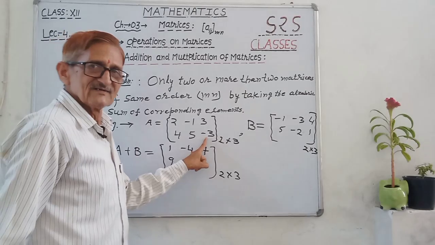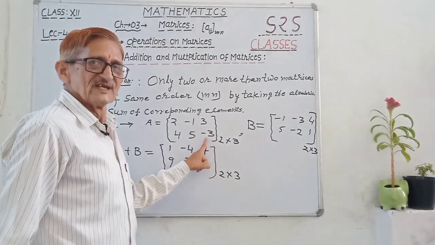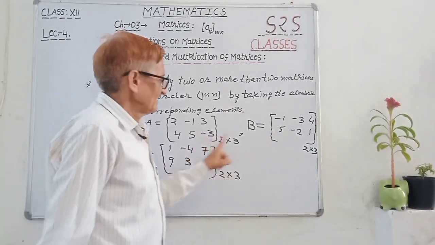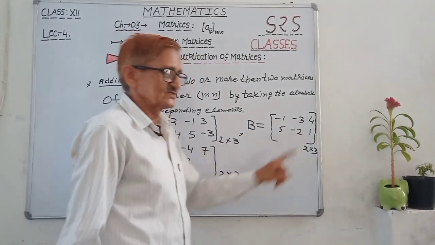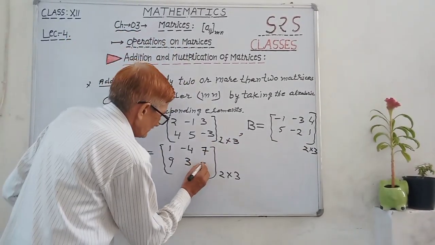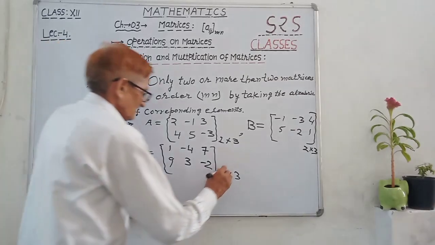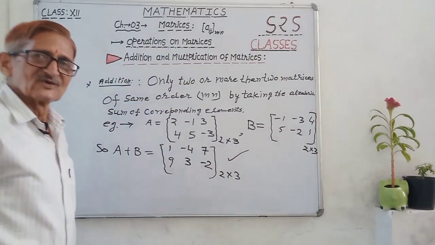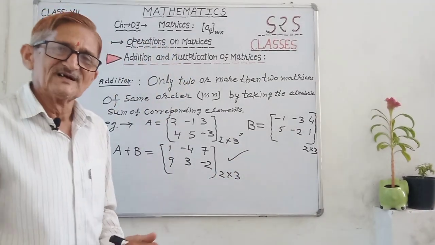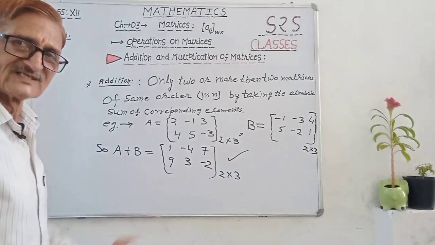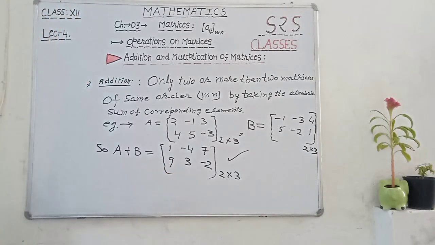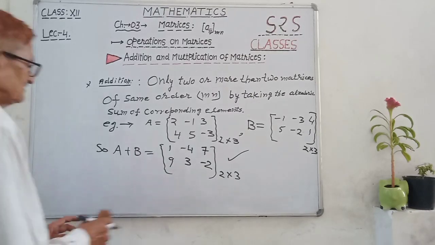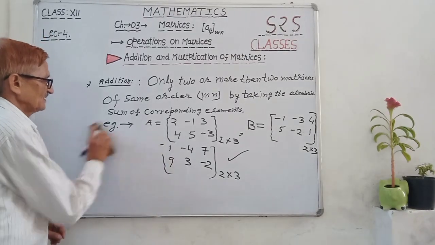After that A23 B23 corresponding element, then minus 3 and plus 1, minus 2. Done. Okay, so like this sum of the two matrices, very simple algebraic sum of the corresponding element. Okay, ठीक है, you can do.